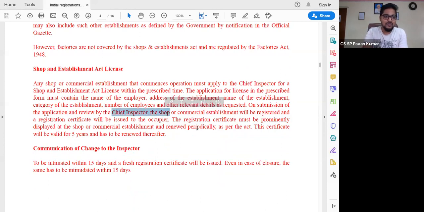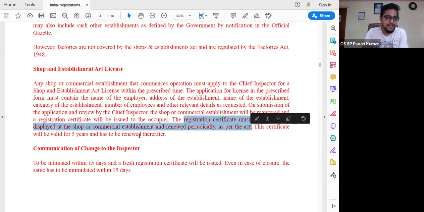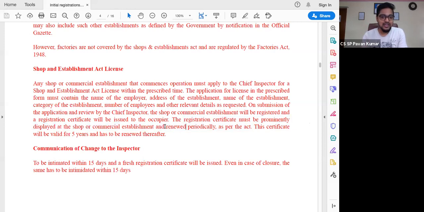On submission of an application and review by the chief inspector, the shop and establishment will be registered, and the registration certificate must be prominently displayed. Whenever you enter the shop or office, it has to be displayed in a position where everyone can see, and it has to be renewed periodically. The certificate is valid for a period of 5 years.